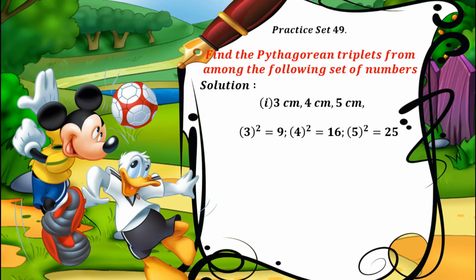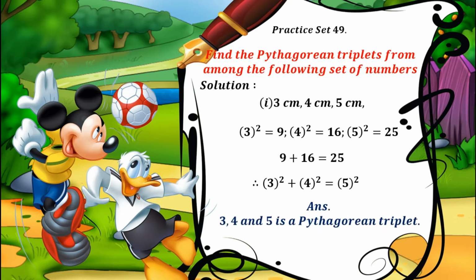So 9 plus 16 will be 25. You will see here that 3 raised to 2 plus 4 raised to 2 is equal to 5 raised to 2. Therefore we can say that 3, 4 and 5 are Pythagorean triplets here.